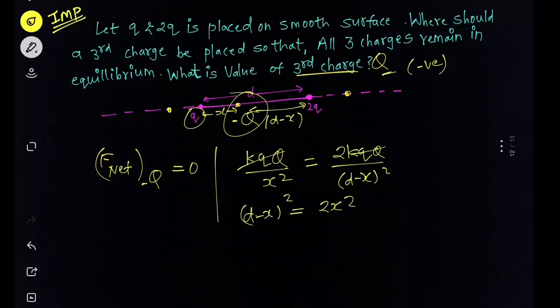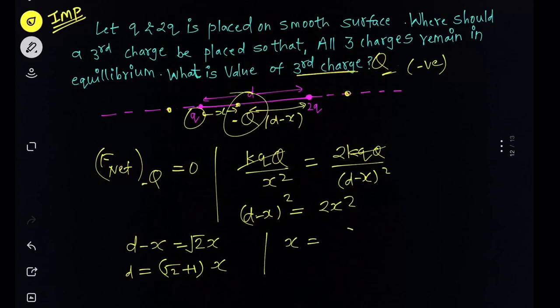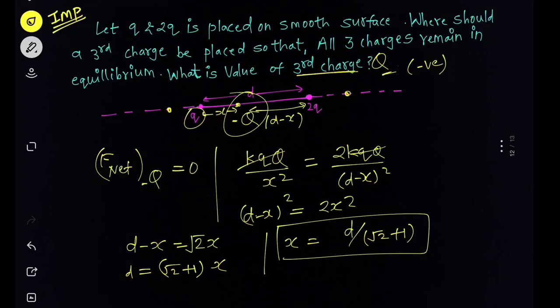Take the square root on both sides. We'll get d minus x equals root 2 x, and from here d equals (root 2 plus 1) x, so x equals d over (root 2 plus 1). This is the distance from small q where we have to put that third charge.